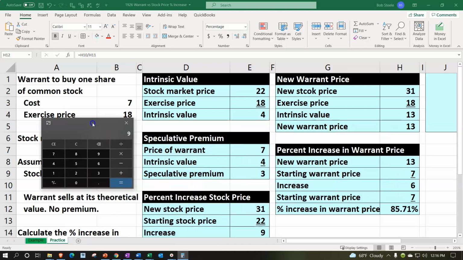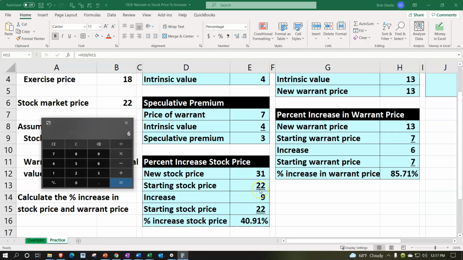But the change in the actual price is not exactly the same because of the speculative premium, which we had before of the $3 because the price was 7 versus the intrinsic value of 4. We would expect possibly that premium to go down over time. So we're saying there is no speculative premium. That's why here we've got the 13 minus the 7 results in a $6 change as opposed to the $9 change in the stock price.